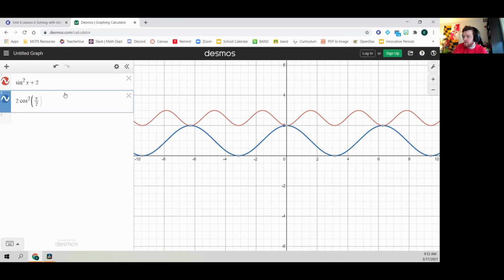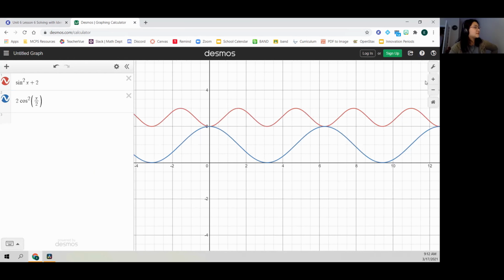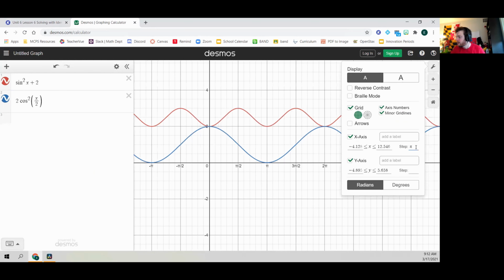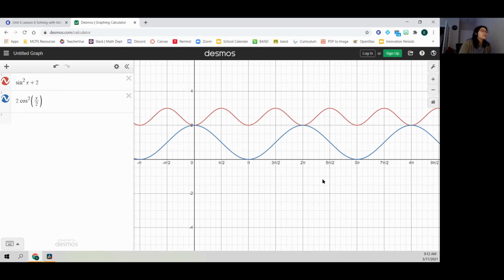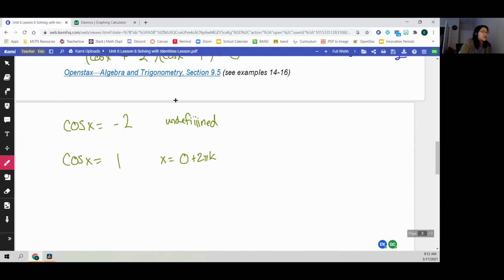X divided by 2. There you go. They intersect at 0 and 2 pi. For those who didn't know, you can change the step. I want to change this step on the x-axis to pi. Beautiful. And then 0, 2 pi, 4 pi, etc. Boom. Nice. Excellently done.